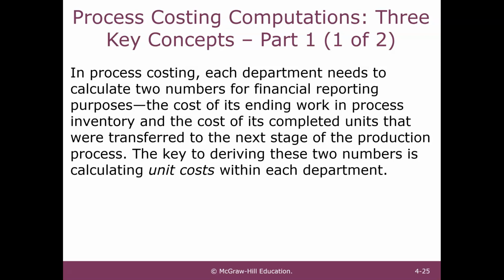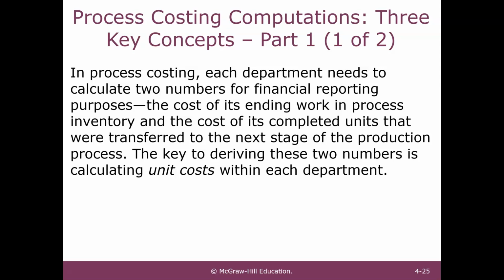Now, we will get to the end of the month and we will have some units that are completed and some that are partially complete. We need to be able to, on our balance sheet, show how much is in inventory. So we're going to take these partially completed units and look at what they are equivalent to of completed units.